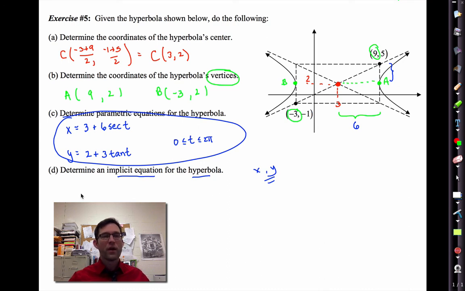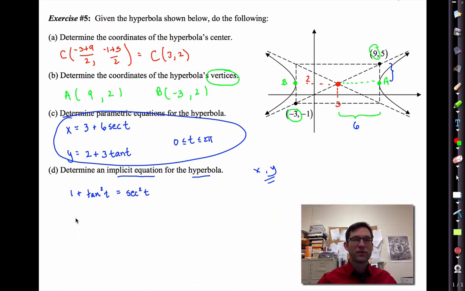Here we go. 1 plus tangent squared t equals secant squared t. What's tangent? Tangent will be y minus 2 divided by 3. Secant will be x minus 3 divided by 6.